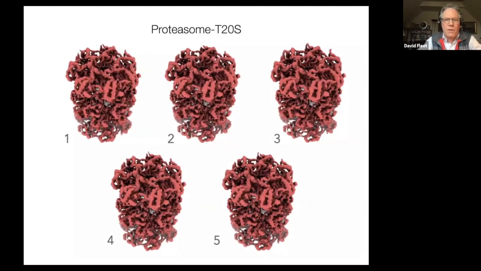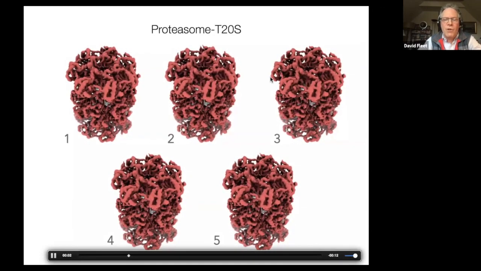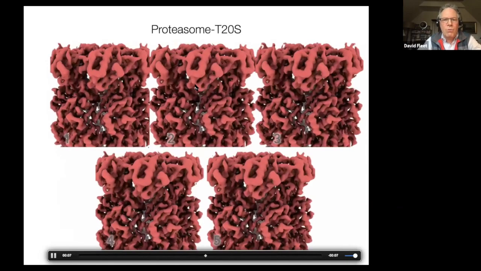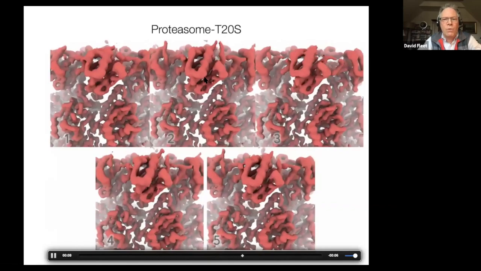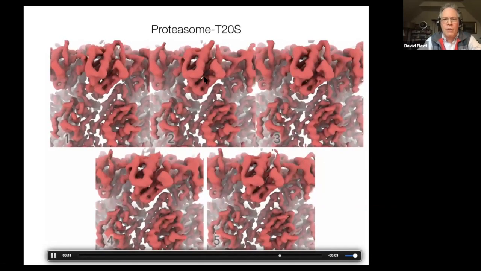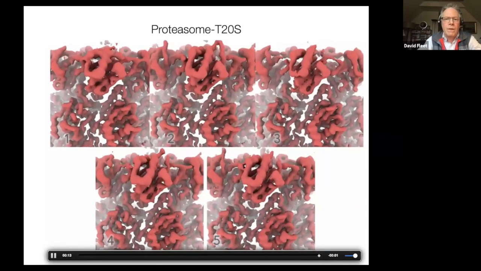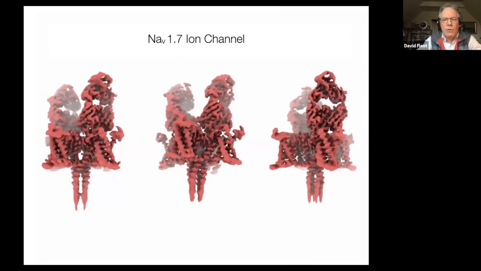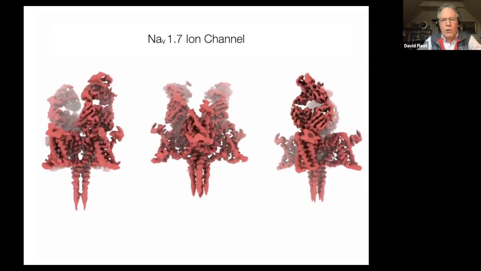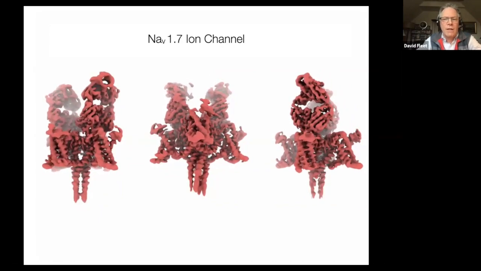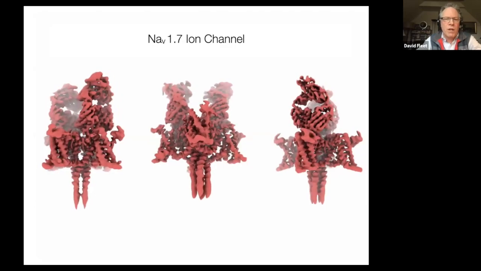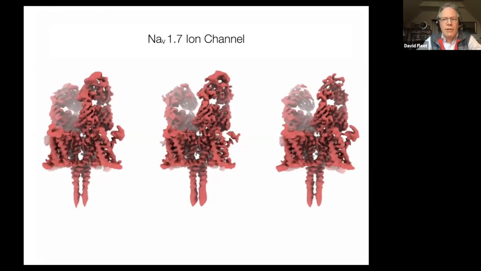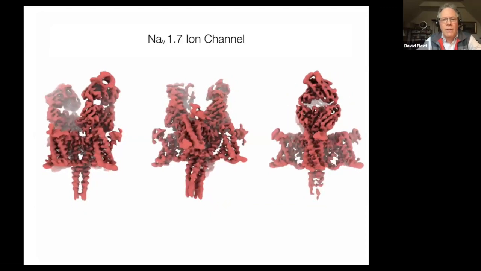So this is a proteasome, and these are the basic motions of the protein down at atomic resolution, which show you the different modes of variation in the proteasome. Here's another example. This is a sodium ion channel, which is common throughout the nervous system, associated with spike production in nerve cells. And it shows you some of the motion of the structure.